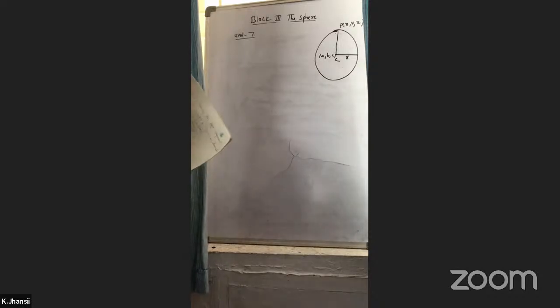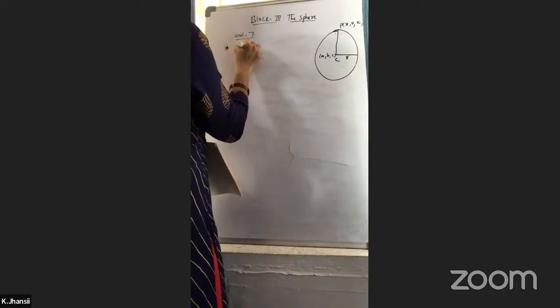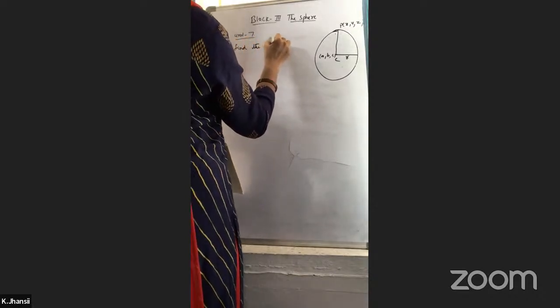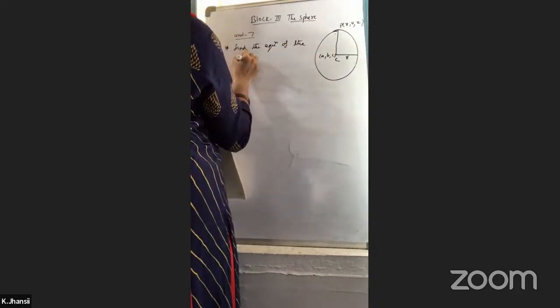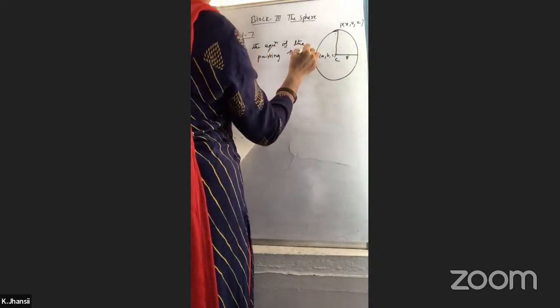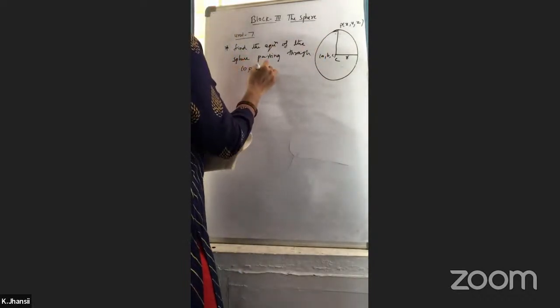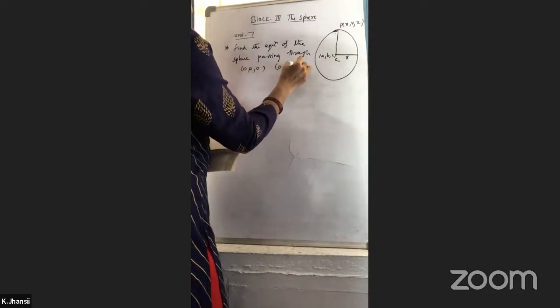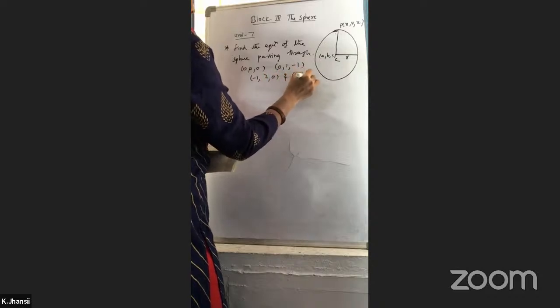Find the equation of the sphere passing through the points 0, 0, 0, 0, 1, minus 1, minus 1, 2, 0, and 1, 2, 3.